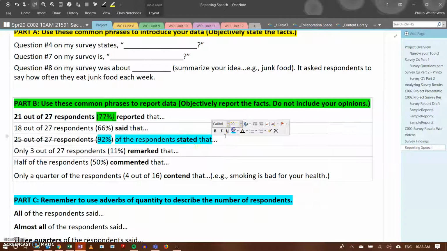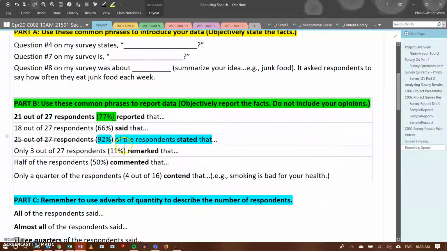When you give me a percentage only, you still need to use a phrase of the respondents or of the people surveyed, but you do not put the percentage in parentheses. The parentheses just gives a little more information about the noun phrase that comes before it.